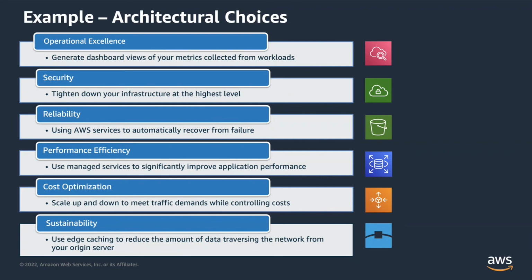Security. So Faiz did show the whole security stack of services that you would use for different purposes. We'll just quickly talk about one of them, which is how you could tighten down your infrastructure at the highest level. This is referring to infrastructure protection.